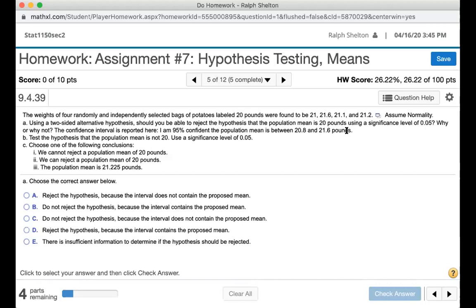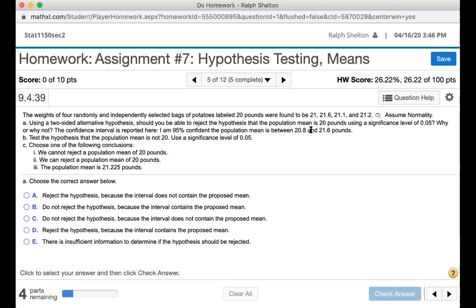Now we have enough information to decide. We have the confidence interval, which is a 95% confidence interval, and we know that the proposed or null value is 20. That's what we're testing. Can we reject the notion that the population mean is 20 based on this confidence interval at 95% confidence? You ask yourself, does the confidence interval contain the value or not?